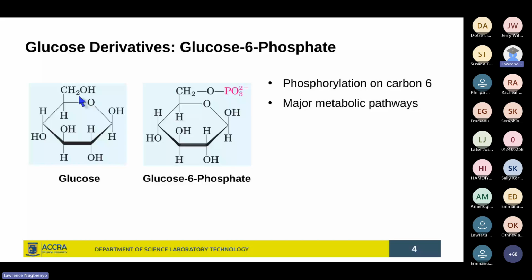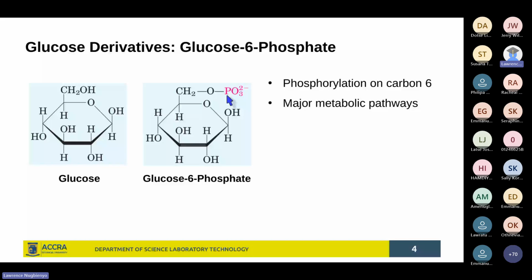But you see this derivative, glucose 6-phosphate, has, in place of the hydroxyl group on carbon number 6, a phosphate group. So that is a derivative or a modification of the glucose molecule.